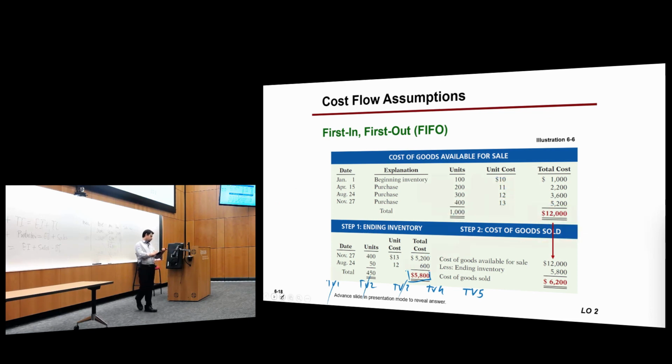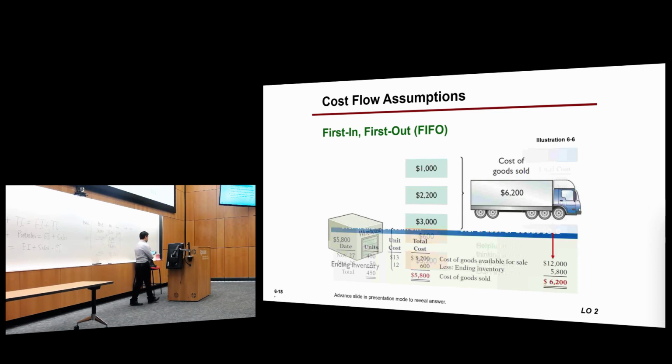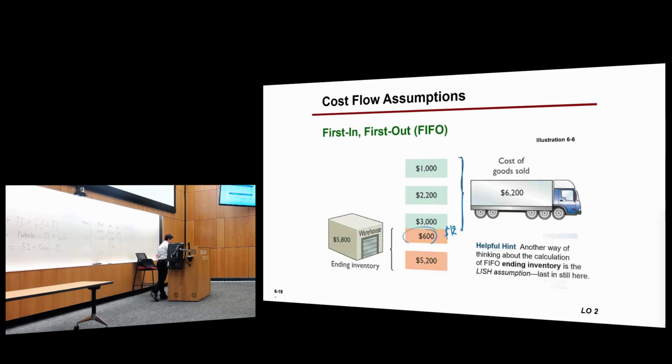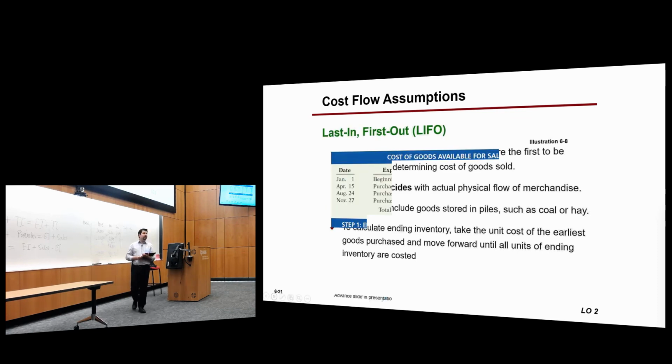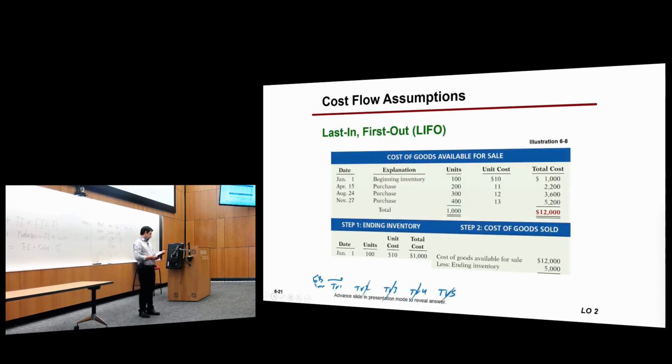Now let's do LIFO. Okay? So let's calculate the ending inventory. Which ones? Again, we have 450 units in ending balance. Which ones do we start with first?